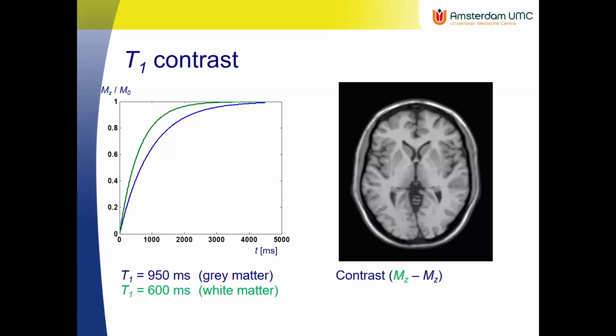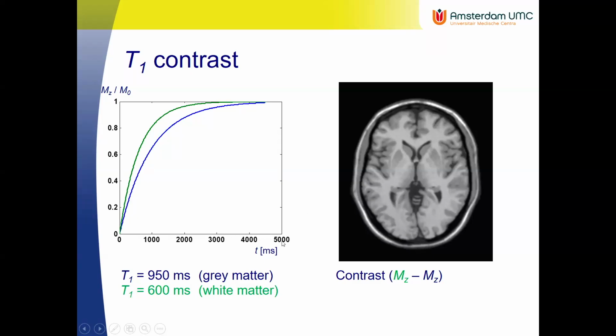So I have the same curve here, but now I've drawn it for gray matter in blue and white matter in green. The white matter has a shorter T1, so the relaxation curve goes a bit faster than for the blue one. And here I now have a real time scale in milliseconds.